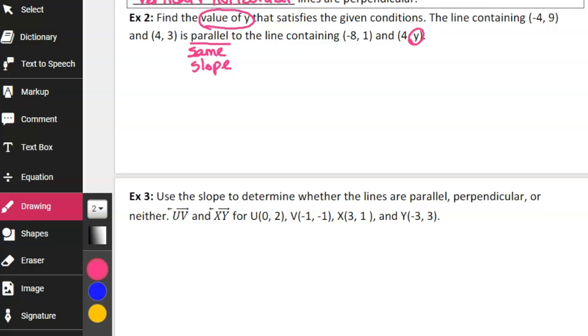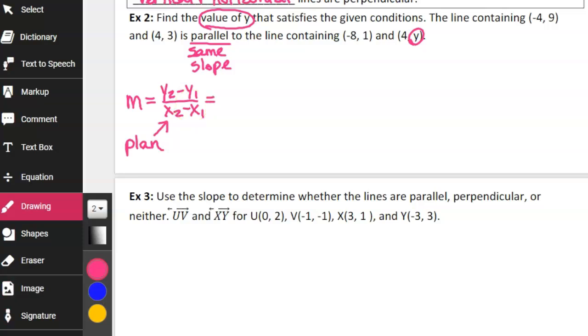If these two lines have the same slope, well, perhaps I can figure out what the slope is and I can solve for y. So let's start out with our slope formula, our plan. y2 minus y1 over x2 minus x1. That's our plan. Good thing to write it.